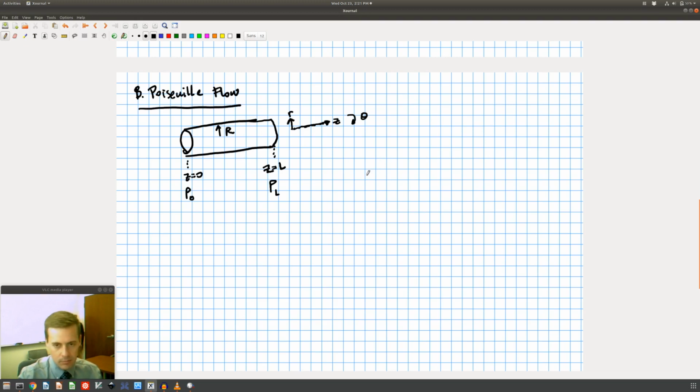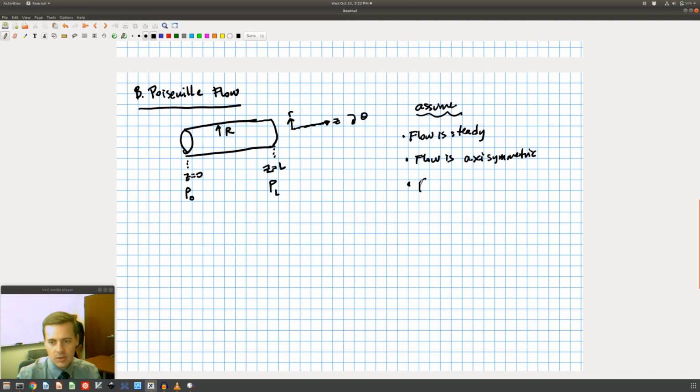All right, so my assumptions, I'll put over here: assume. I'm going to assume that the flow is steady. I'll assume that the flow is axisymmetric. Remember what axisymmetric means: it's symmetric in this direction around theta.